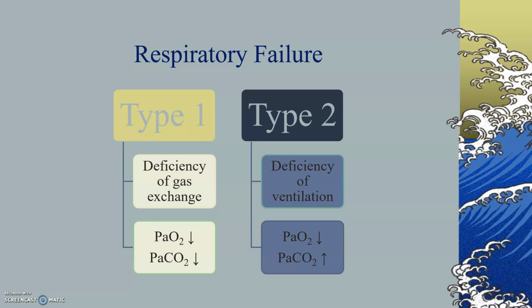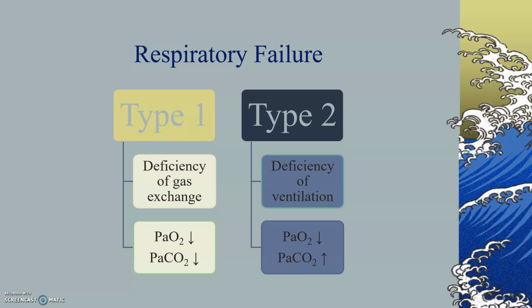So type 1 respiratory failure refers to a deficiency in gas exchange. In these patients, the oxygen level in the blood, the PO2, is low, and the carbon dioxide level in the blood is normal or low. Often low, because when people can't breathe and are hypoxic, they start breathing faster to try to get more oxygen in, and as we discussed earlier, faster breathing leads to a lower PCO2.